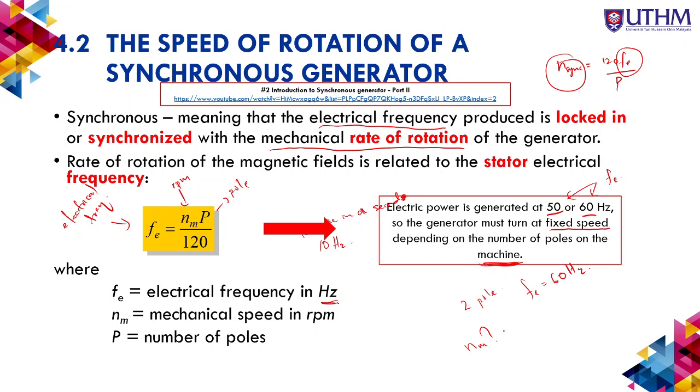So we need to move until 3600 RPM. Then we can get this frequency. So that is its condition. Can you understand this? This is still early.